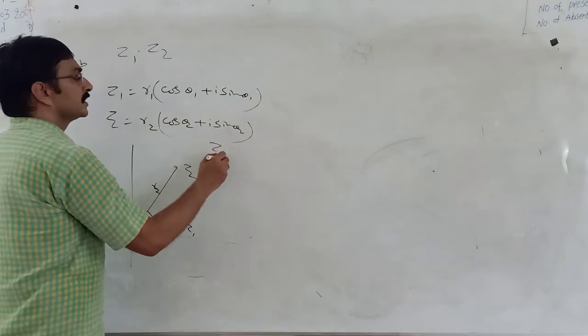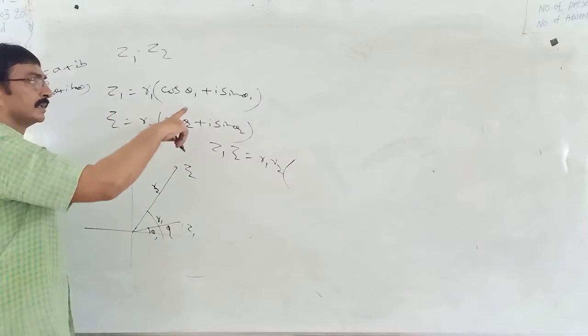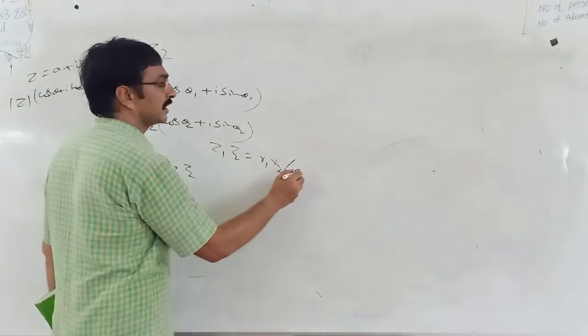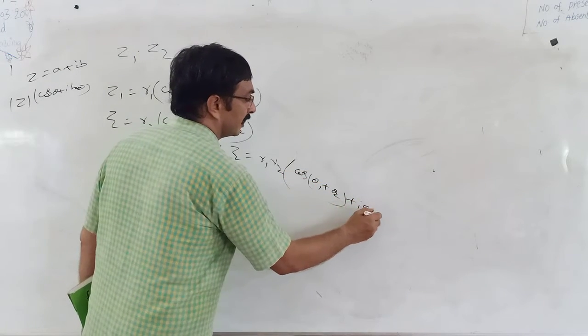Now z1 into z2 is r1 into r2 into cis theta 1 into cis theta 2, which is cis of theta 1 plus theta 2, meaning again cos of theta 1 plus theta 2 plus i sin of theta 1 plus theta 2.